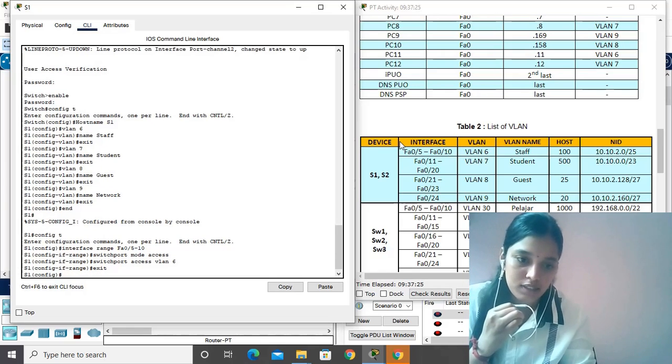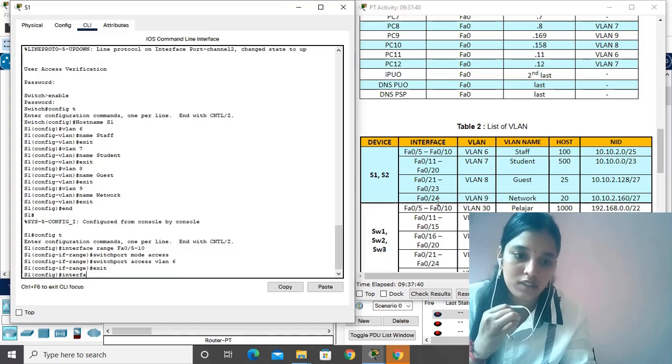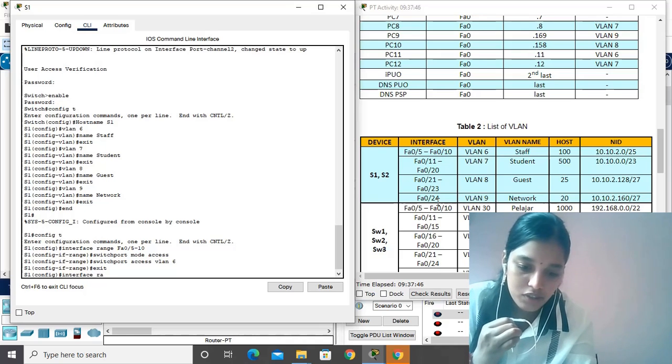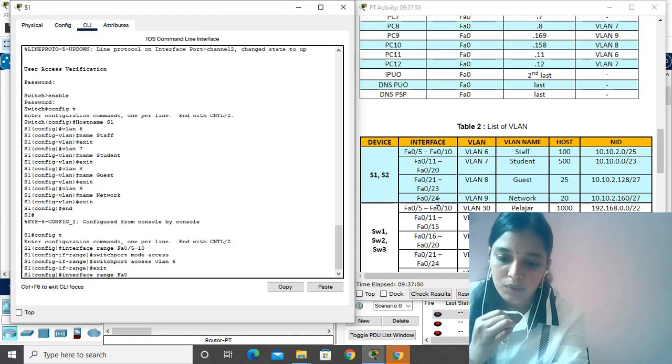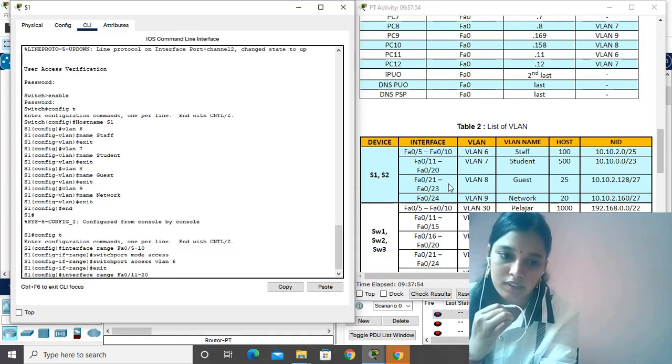Okay, follow the steps again until FA0/24. So in interface range, FA0/11 until 20.